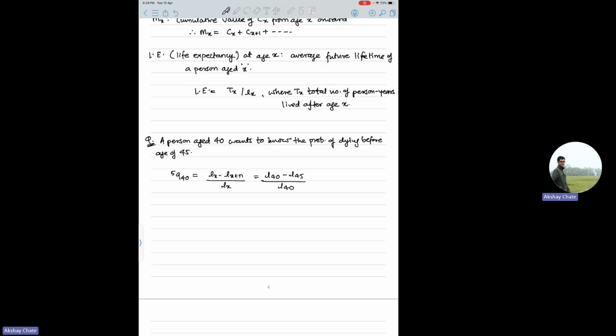Now if you look at your table which was shared in the class itself, L40 is 94926, and L45 is 93599. So the difference is 1327, divided by 94926.